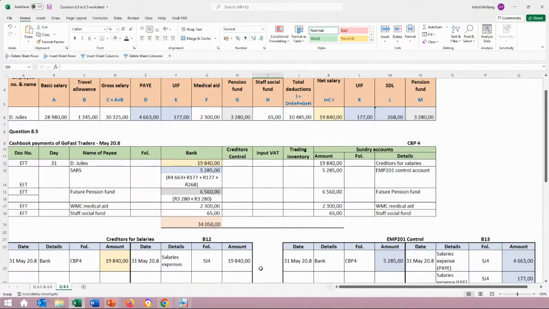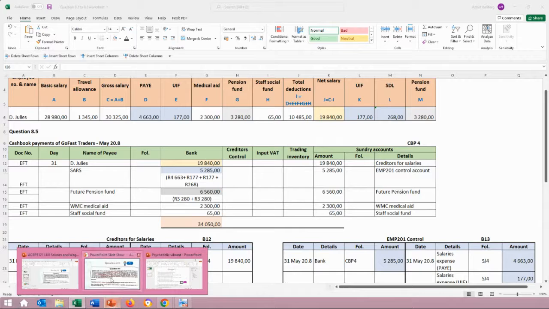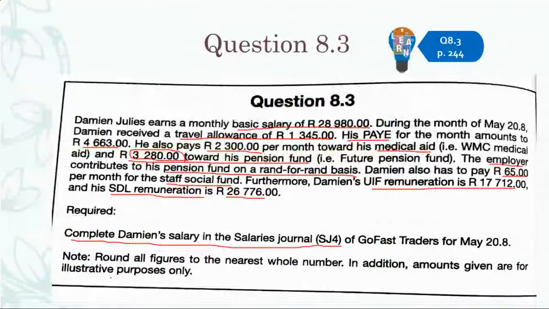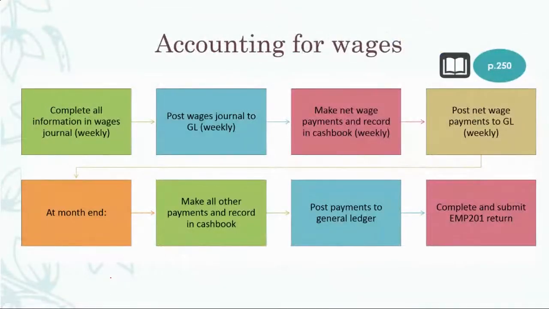Do you guys have any questions on this? Okay, so any questions on questions 8.3 to 8.5?